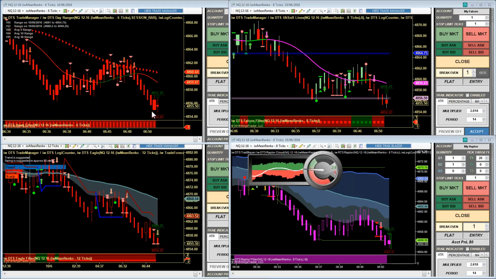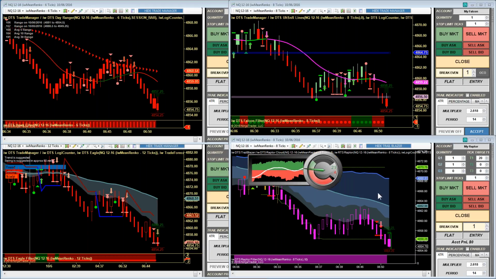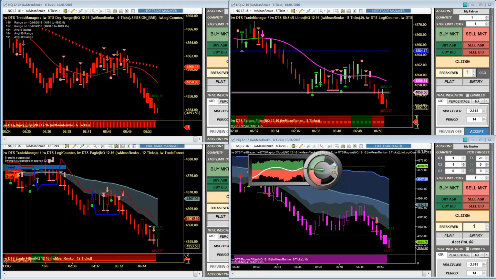Now we've got a lot more volume coming in. It seems these bars are getting a little bit fatter. We're near the top of the hour, which will be the end of our opening range, and sometimes we see a little bit of a reversal from there.